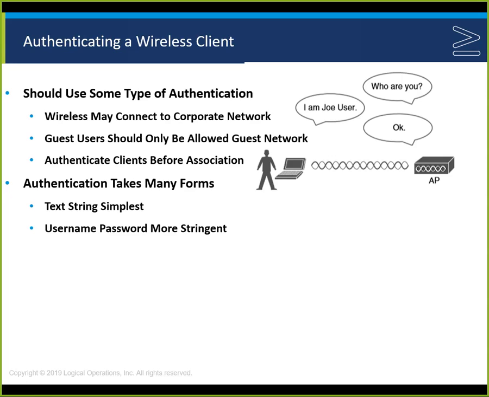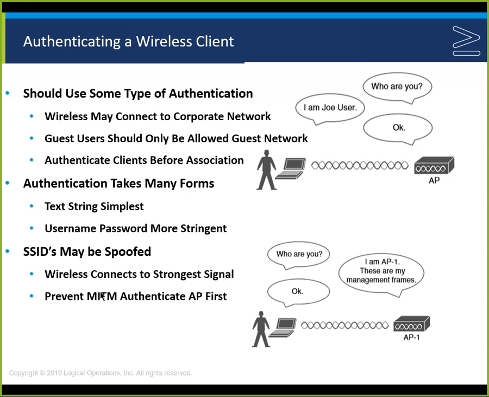We can use different authentication protocols, and we have WPA, WPA2, whether we use the personal pre-shared key, the text string, or the enterprise authentication, where we can use a Radius server or a TACACS server, something that uses a username and password in order to have people authenticate before they can get on the corporate network, just like you would with a wired connection.